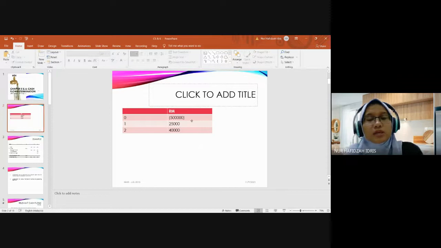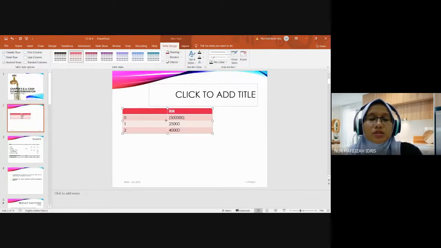So under capital budgeting, what you had learned last semester, before you buy this machine, an example for machine A, your company wants to replace the old machine with the new one, and the cost of this machine is 500,000.